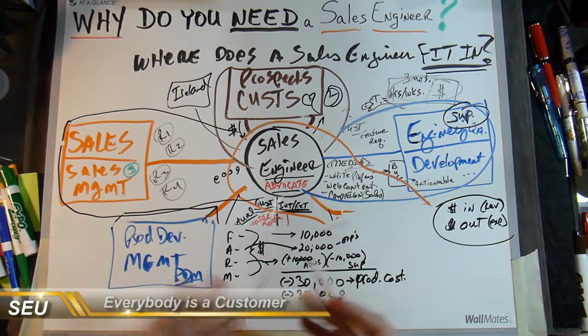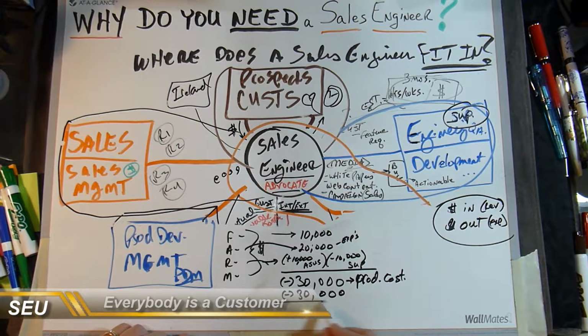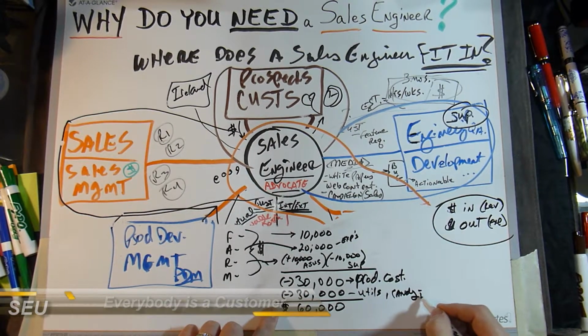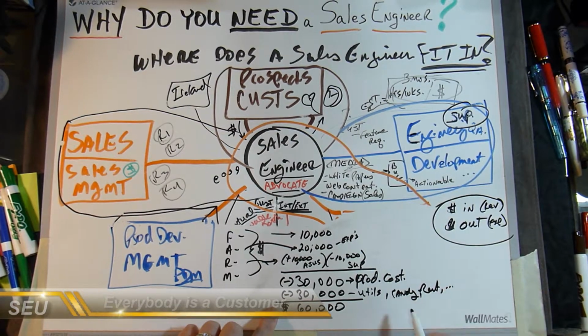Because we may only sell one a year, may sell 100 a year. Meaning that it actually costs me $60,000 to make this unit. Because I spent $30,000 in utilities, candy, rent. You just name it. Per unit.